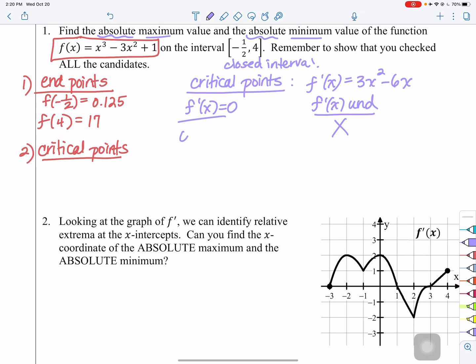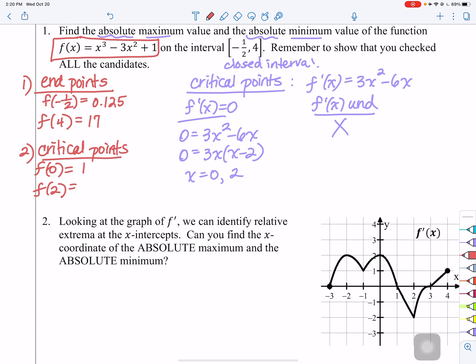So we'll be setting f prime of x equal to 0, and you can see that x is equal to 0 and x is equal to 2. So we're going to go ahead and find those y values, f of 0 and f of 2. And I went ahead and did that for you, and f of 0 is 1 and f of 2 is -3.